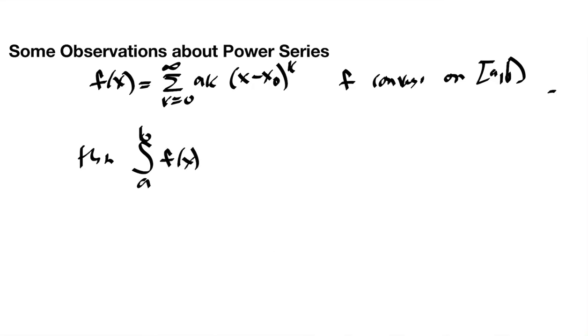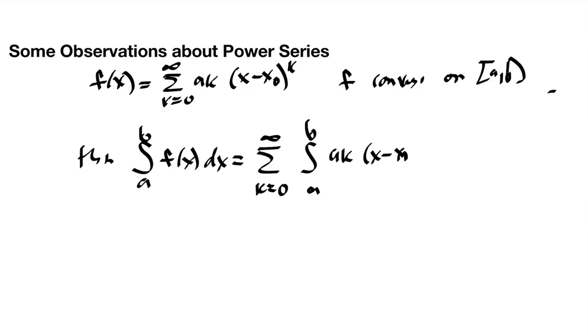Then the integral from a to b of f of x dx is simply the sum of those integrals, which is the sum of the integral from a to b of a_k times (x minus x naught) to the k dx.